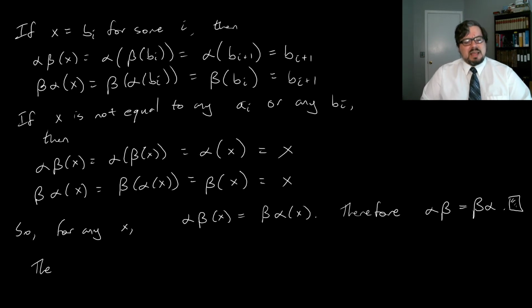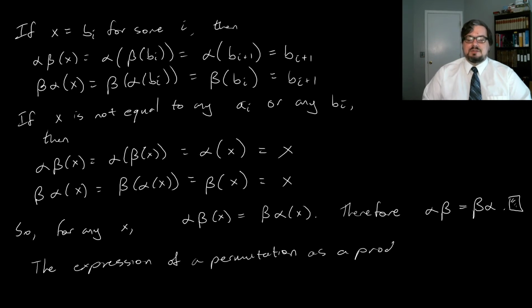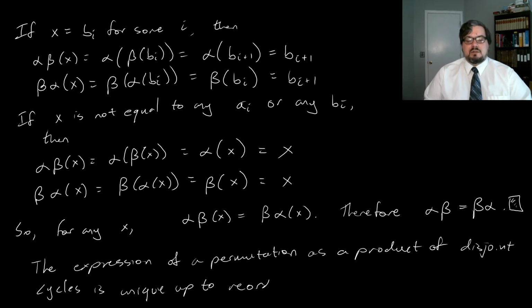So we can also say the following. The expression of a permutation in a finite set as a product of disjoint cycles is unique up to reordering of the cycles.